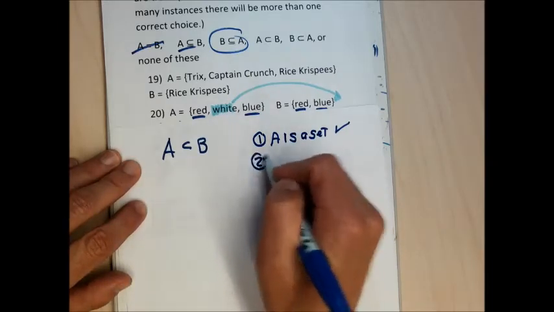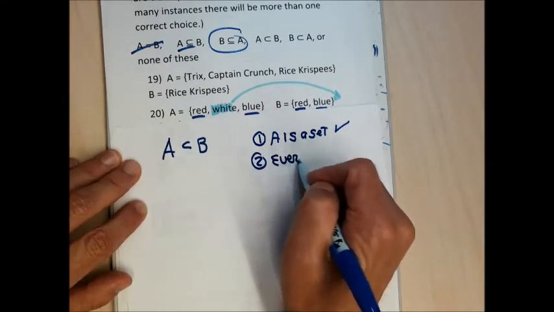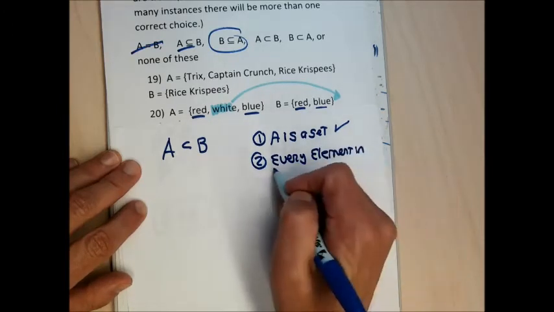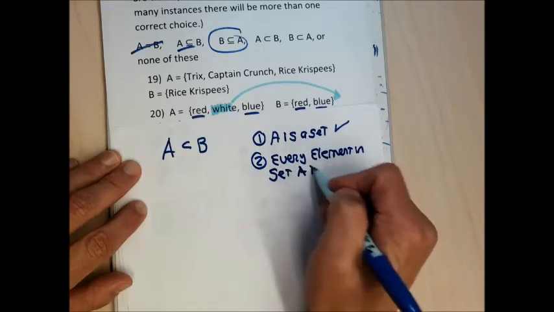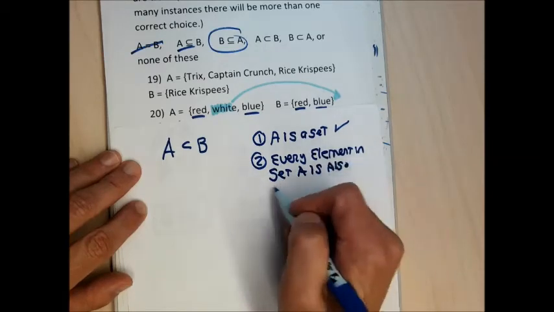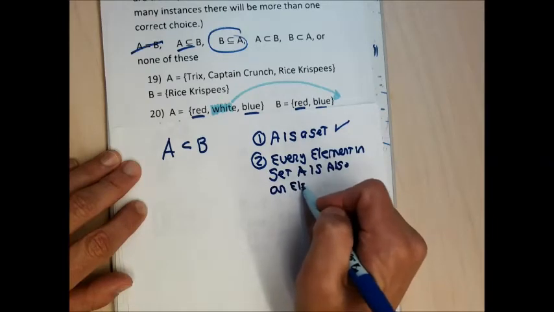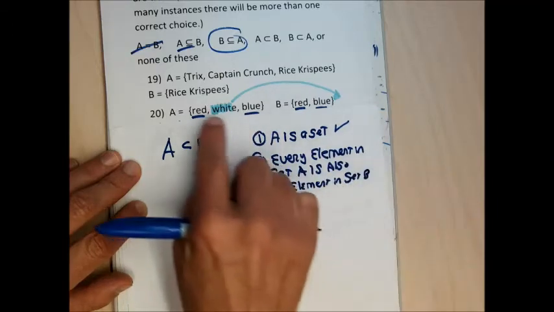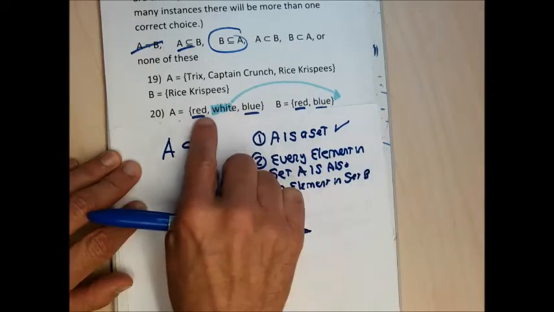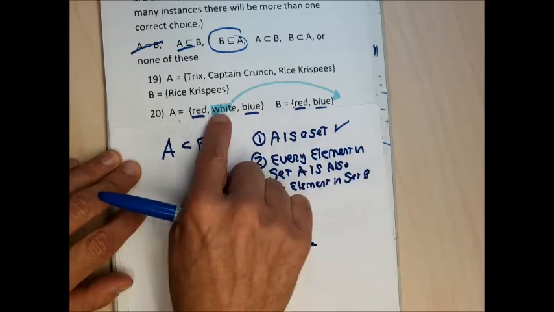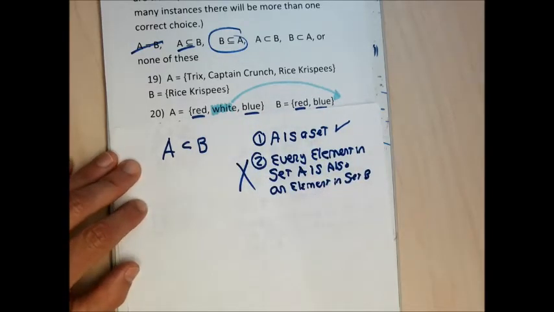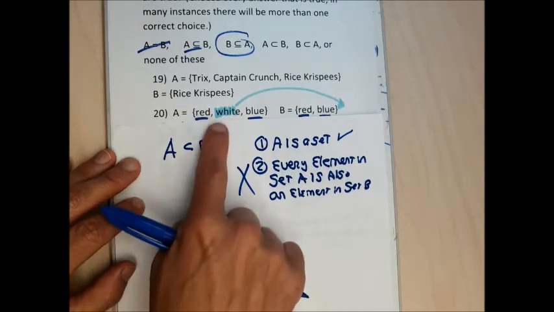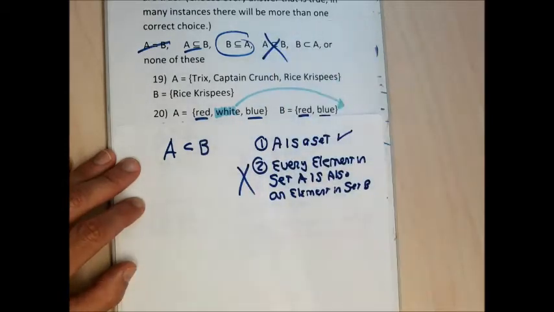Second rule, every element in set A is also an element in set B. The 3 elements of A are red, white, and blue, and there's one of those elements, white, that's not in set B, so that's violated, and I don't even need to check rule 3 because rule 2 is violated because there's an element in A that's not in B. So I'll move off of that.